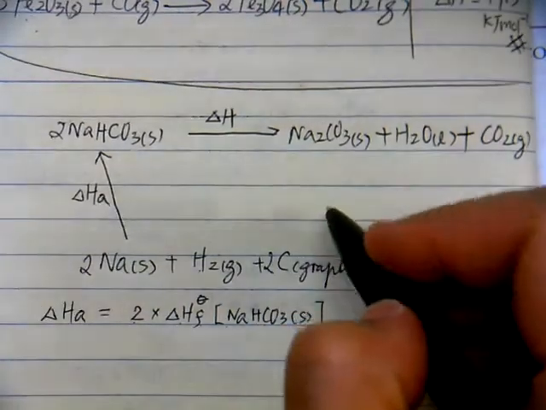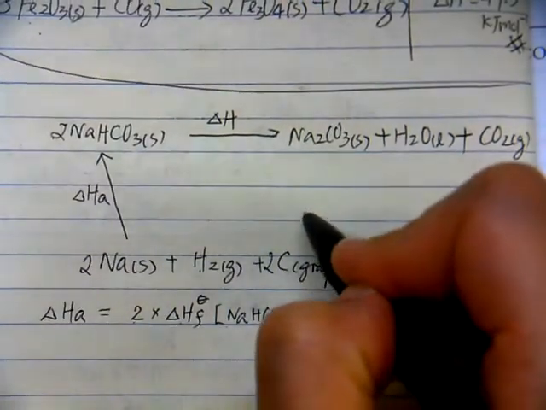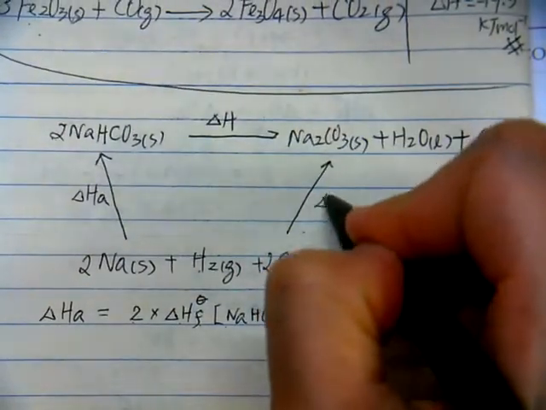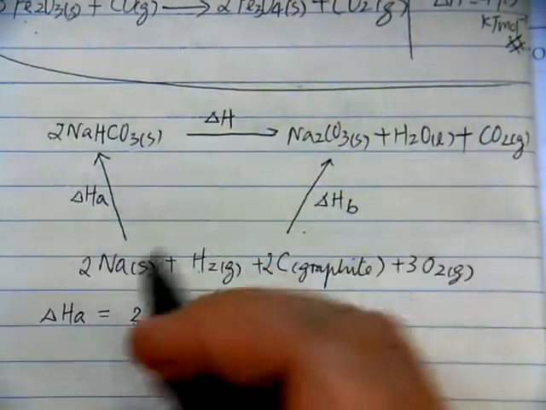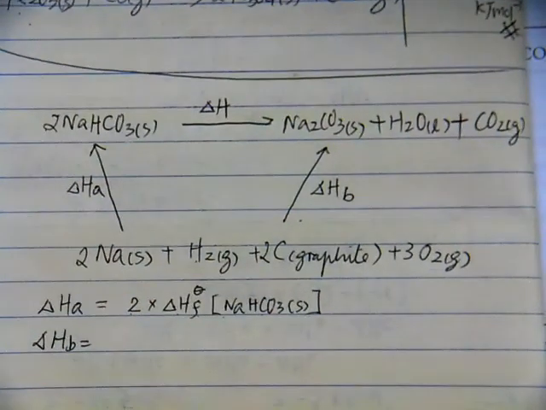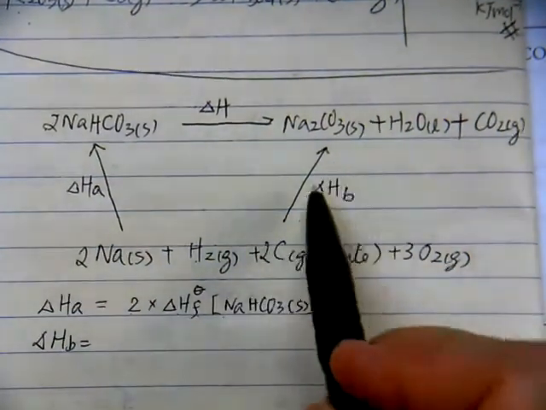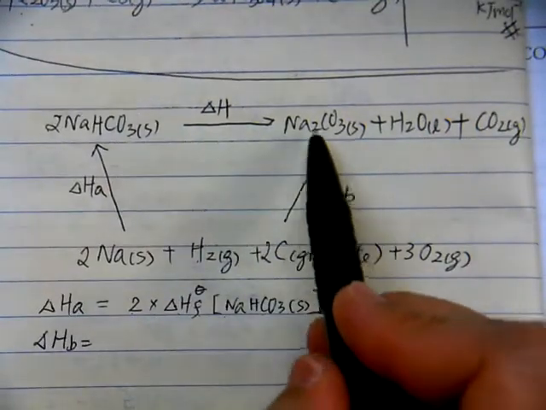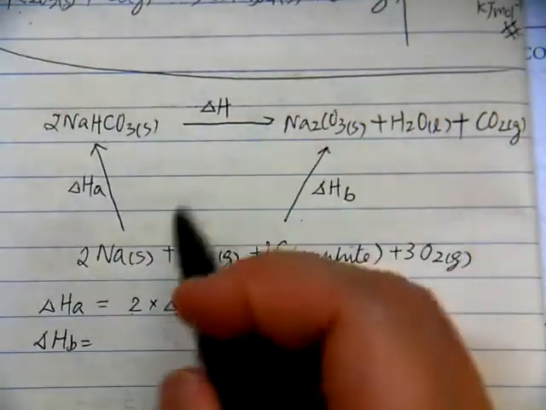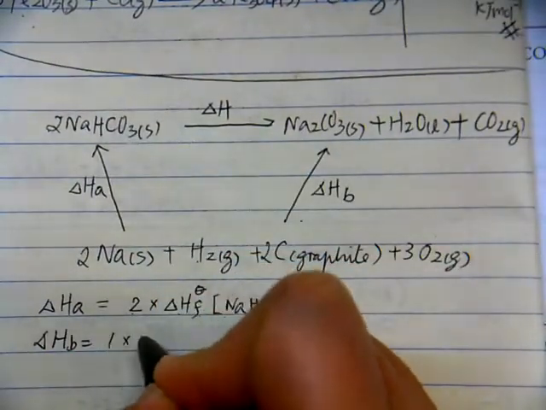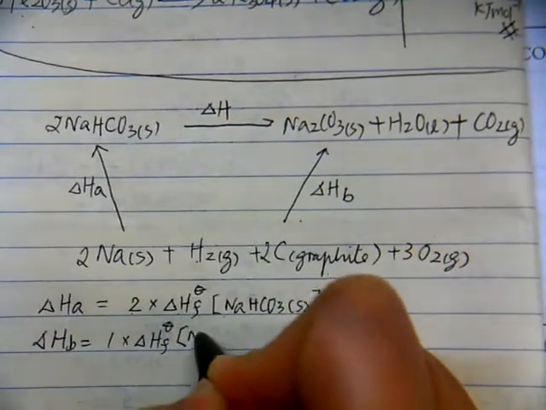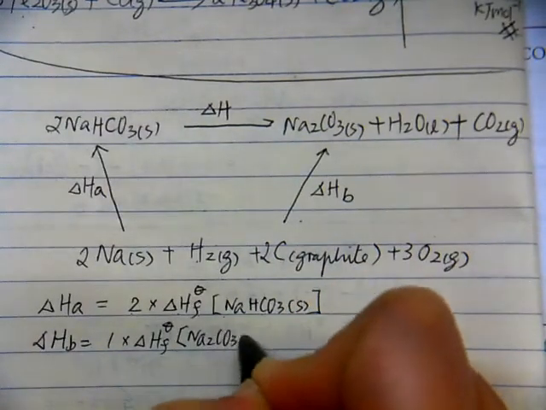Now, let's look at the right-hand side. I label it as delta HB, okay? Delta HB actually is the formation of sodium carbonate. We have 1 mole of it. So 1 times formation of sodium carbonate.